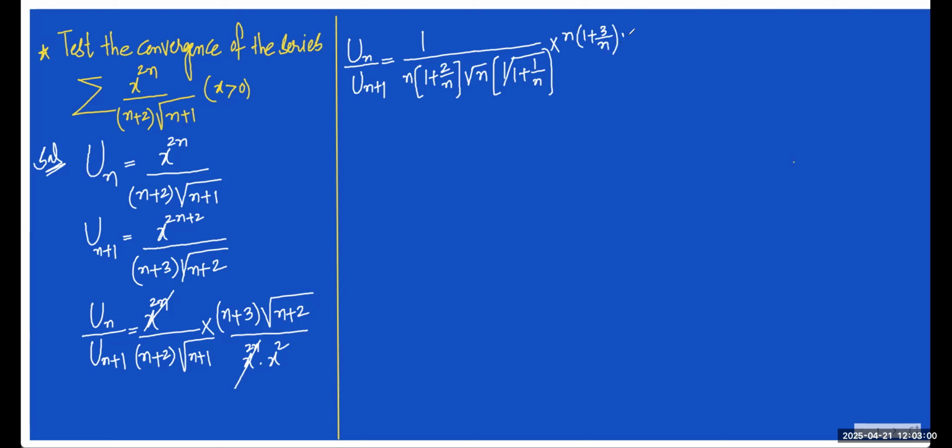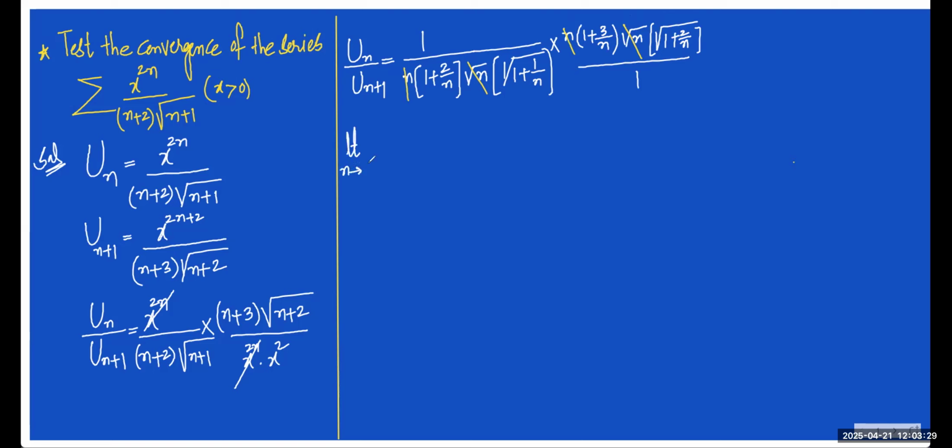Once more, you take root n common, we get root of 1 plus 2 by n. And nothing is there in the root. Again, some of the terms cancel, this root n cancelling with this root n, and this n. Now, taking limit n tends to infinity on both sides.